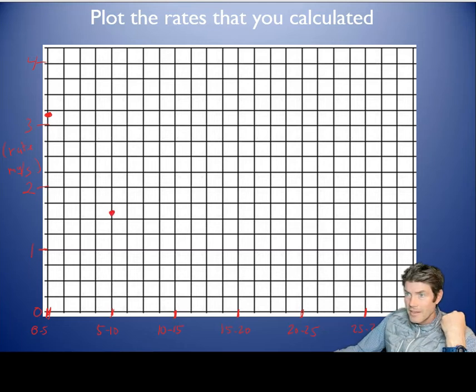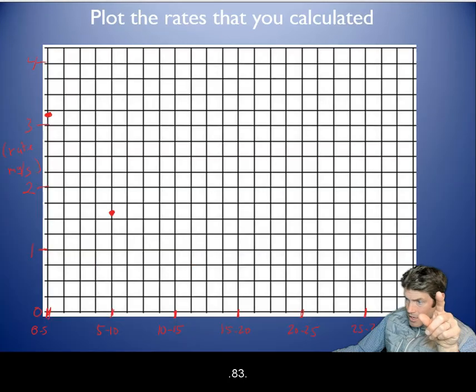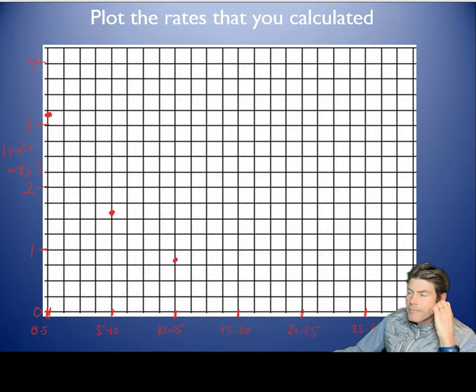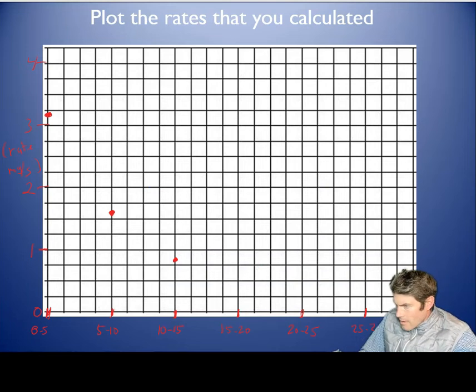Yeah. 0.83. Here's 0.75, so 0.83 would be about right there. And 0.67. Here's 0.5, here's 0.75. 0.67 is something about right there.